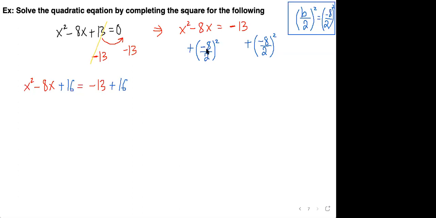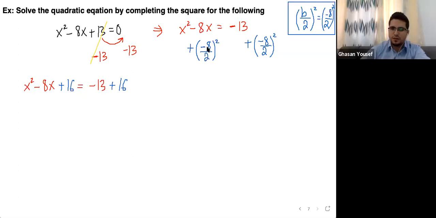Minus 4. Minus 4 squared, what is the value? Exactly, it's like minus 4 times minus 4. Minus times minus is positive. 4 times 4 is 16.